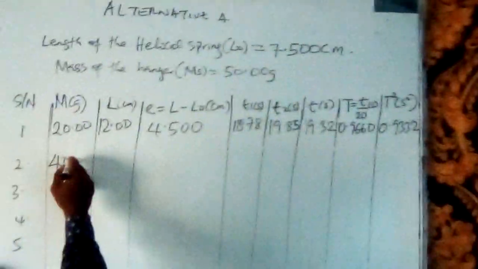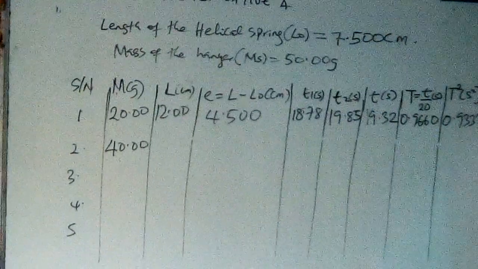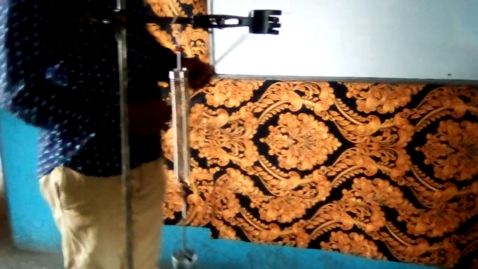Now, next we're going to use a 40 gram mass. So already we have 20 gram here. We now slot in an extra 20 gram, which gives us a 40 gram mass. Before the oscillation, we have to find the new length of the spring using the centimeter end of the rule.